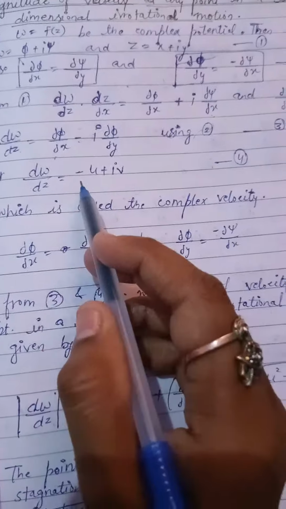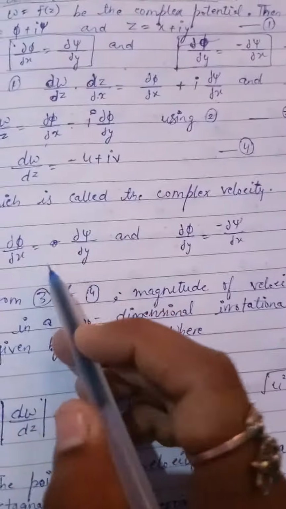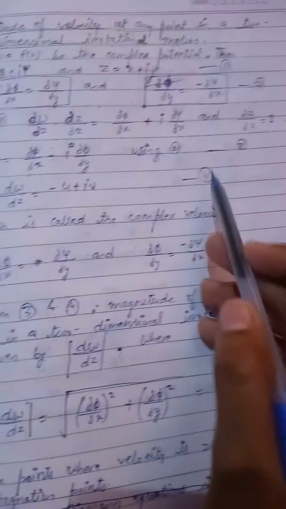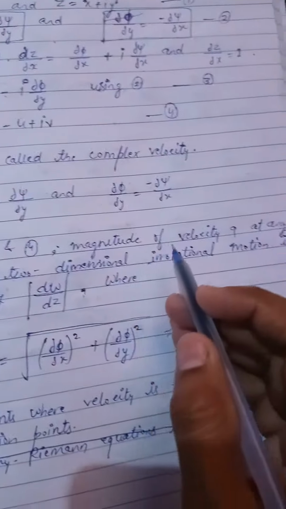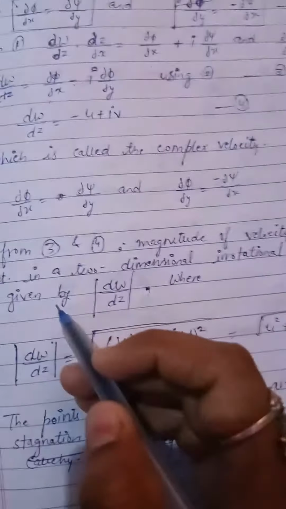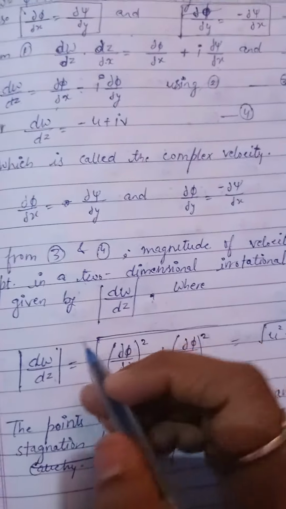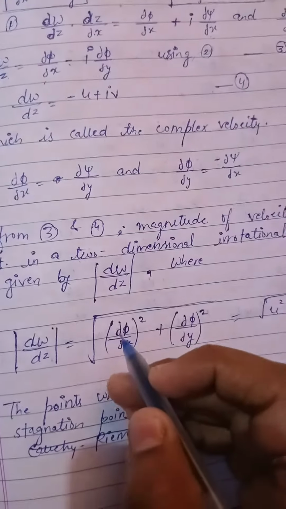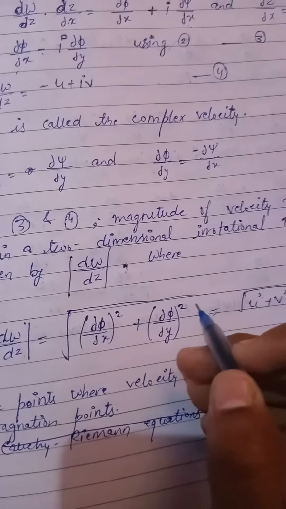Del w by del z equals minus u plus iv, and this is nothing but the Cauchy-Riemann equation. No need to write it again. So from equations 3 and 4, what we conclude is the magnitude of velocity q at any point in a two-dimensional irrotational motion is given by mod of dw by dz, where mod of dw by dz equals root of del phi by del x whole square plus del phi by del y whole square.